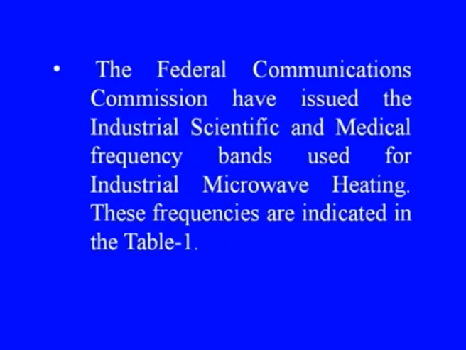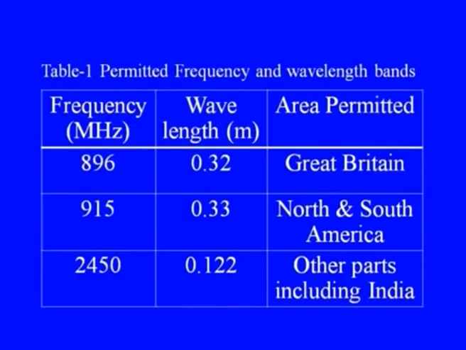The Federal Communications Commission has issued the industrial, scientific and medical frequency bands used for industrial microwave heating. These frequencies are indicated in this table. You can see the frequency 896 megahertz, with a wavelength of 0.32 meter.